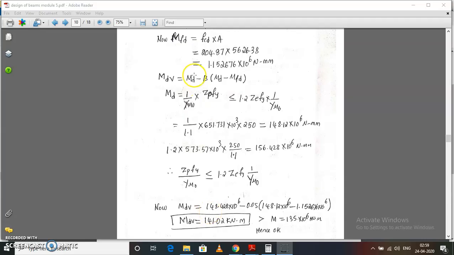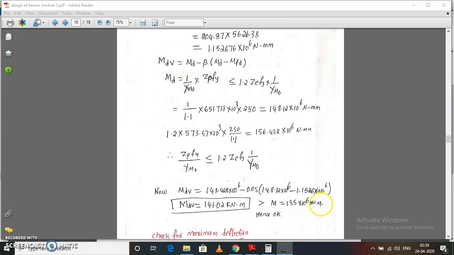So MdV is MD, which we have calculated here as 148.428 into 10 power 6, minus beta 0.05 into MD 148.12 into 10 power 6 minus MFD, here 1.15267 into 10 power 6. So noted down here, calculate.